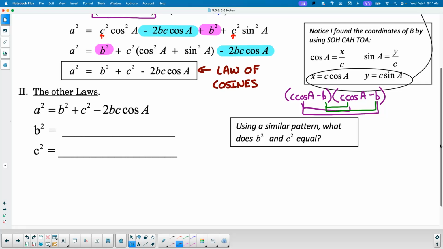So I remember it as b squared is going to be a squared, because that's my other letter, plus c squared, my other letter, minus 2ac cosine of b, so that b is on the bookends in this particular case.